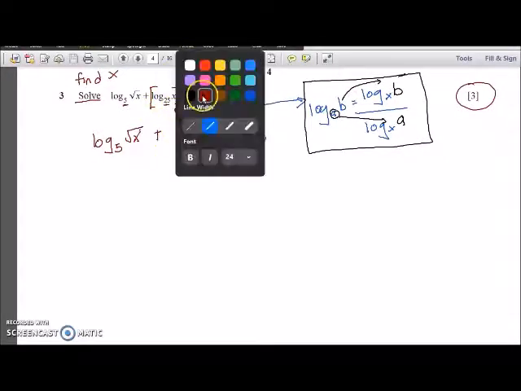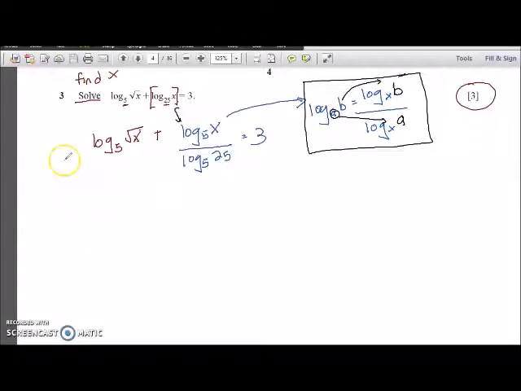Now let us continue working on it. This is the first step. Now second step is log 5 x, and this 25 is actually 5 to the power of 2.